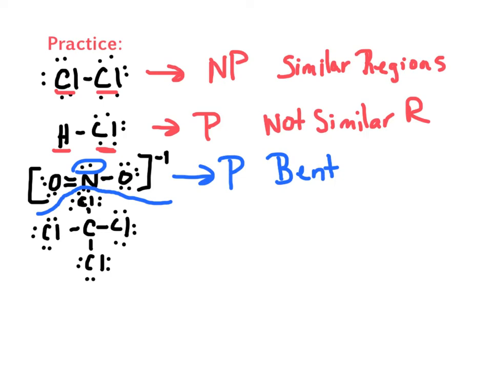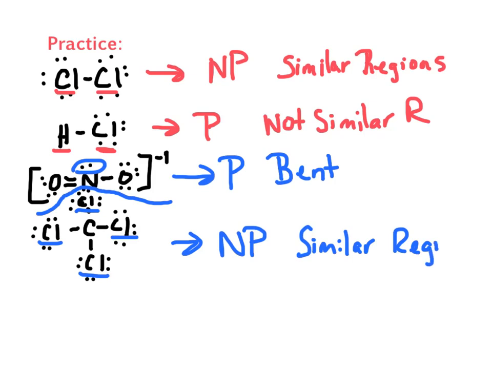And this last one is tetrahedral. So for tetrahedral, we look at the four corners of the tetrahedron. That's the outsides right there. And we see if they have all the same element, and they do. So this one is going to be nonpolar also because of similar regions. And so we're going to write our reason why each time.